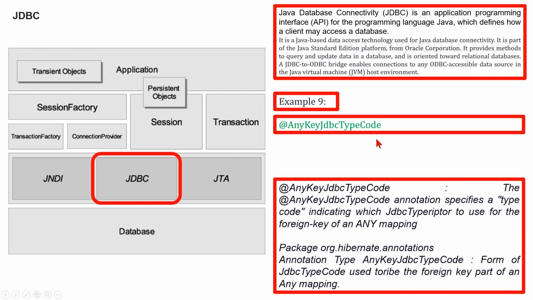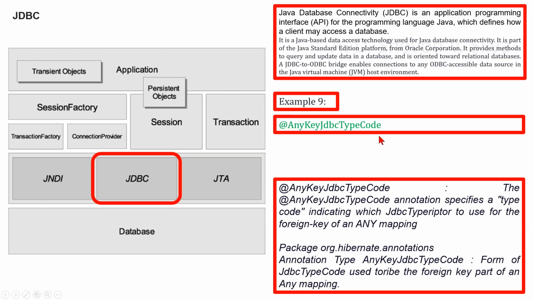The @AnyKeyJdbcTypeCode annotation specifies the type code indicating which JDBC type descriptor to use for the foreign key of an any mapping.